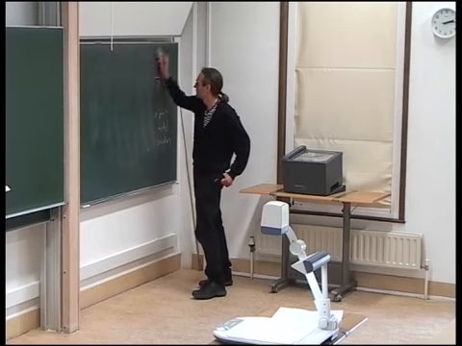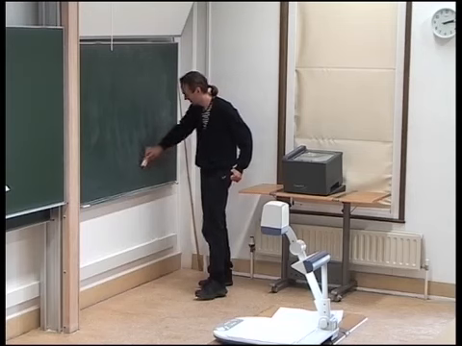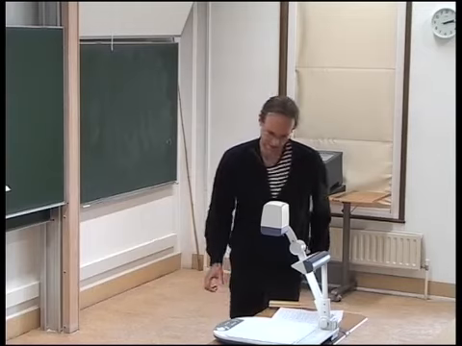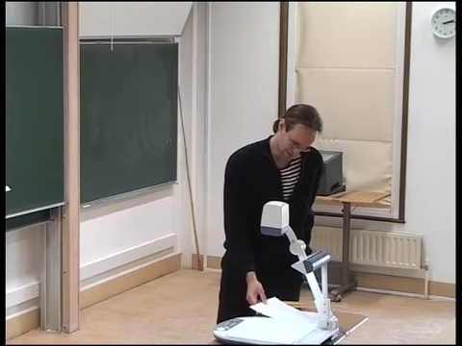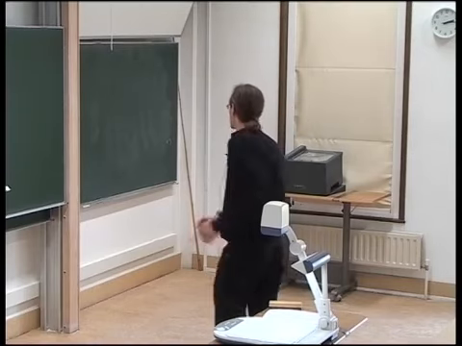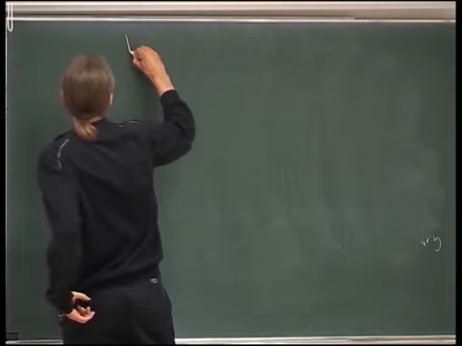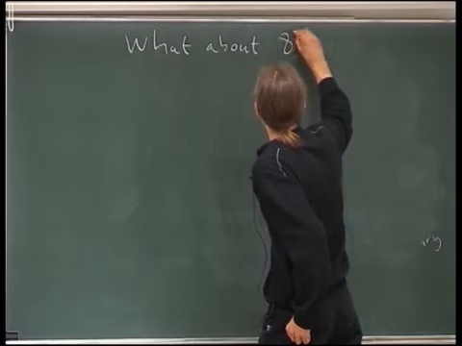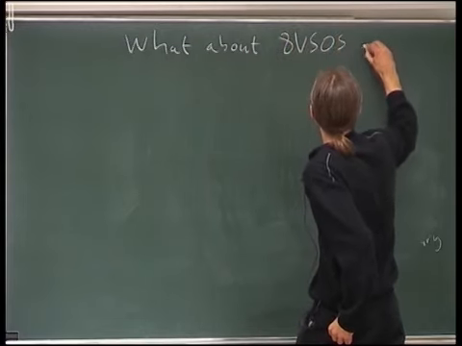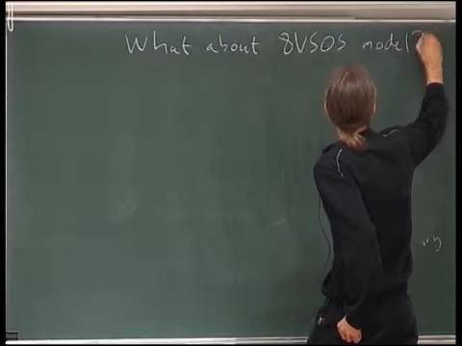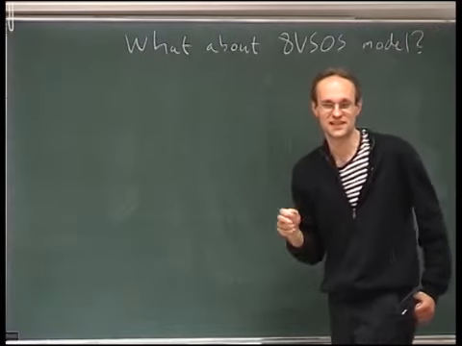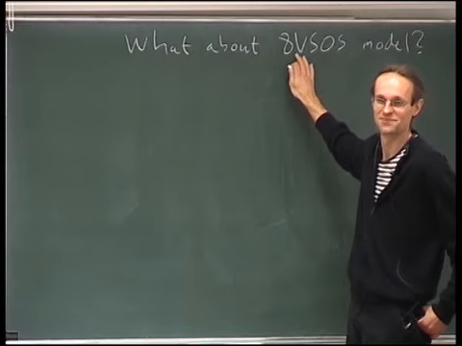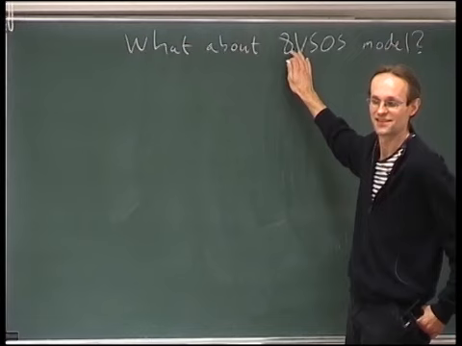So the question for this talk will be, what about the more general model, which is this 8-vertex solid-on-solid model? By the way, this name, 8-vertex solid-on-solid model, seems to be used mostly by Japanese, I think.